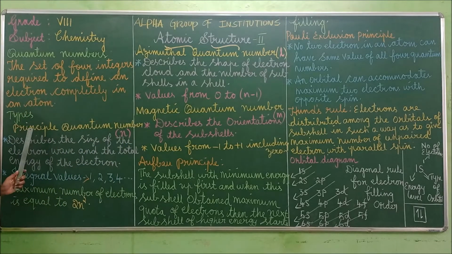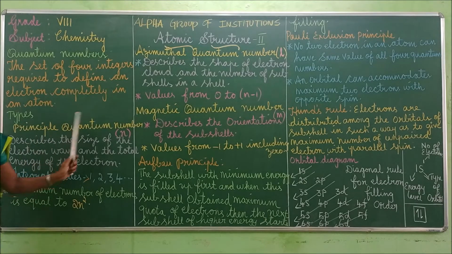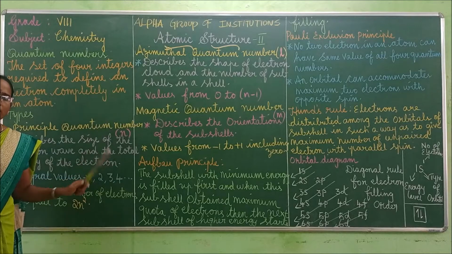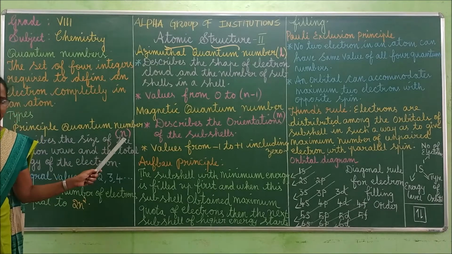First one is the principal quantum number. The principal quantum number describes the size of the electron wave. It is represented by the letter n.